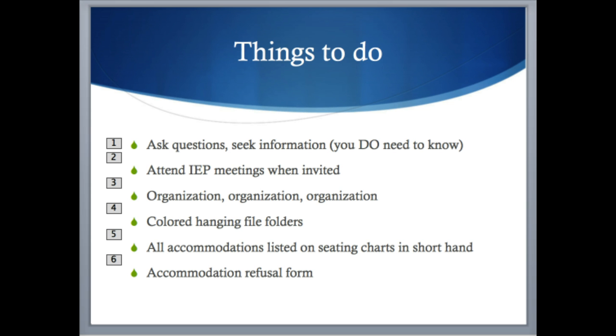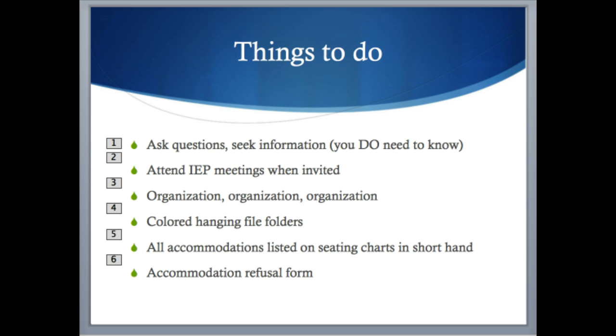In addition to having all of your paperwork related to accommodations and IEPs well organized, I also would recommend that on your seating chart you have some sort of shorthand that indicates which students have accommodations. In some classes you'll have a number of students with IEPs, and they'll have a variety of accommodations. You don't want to try to keep all of those accommodations in your head.